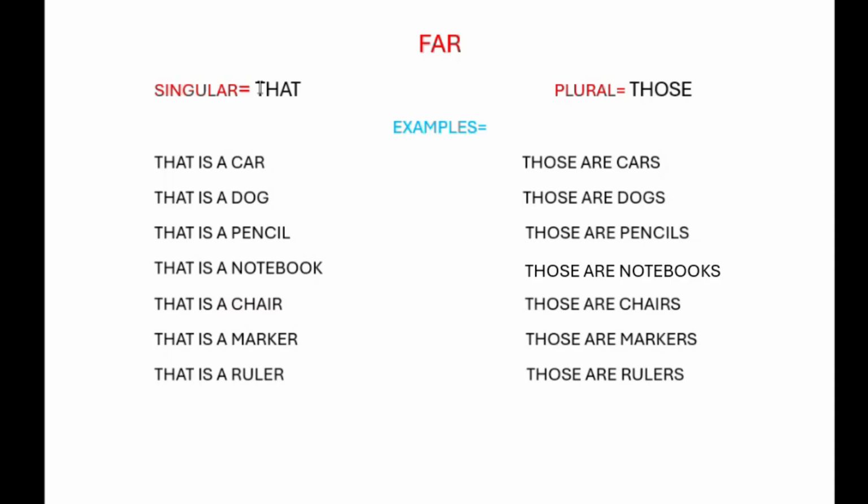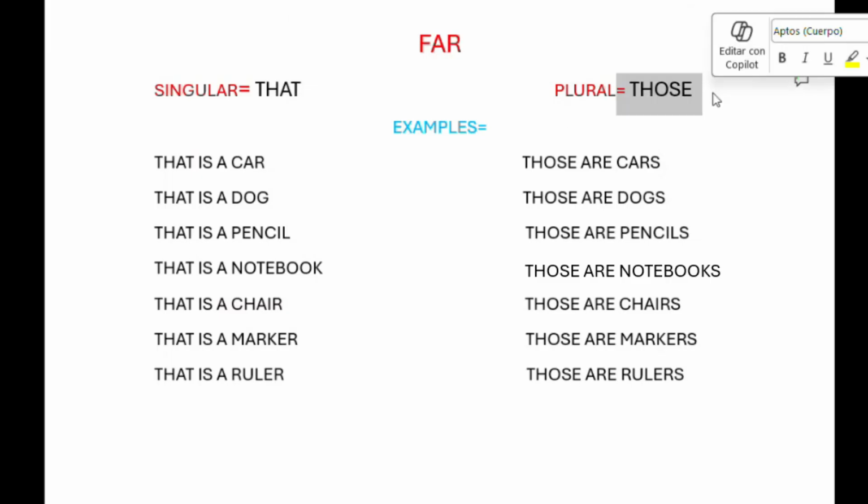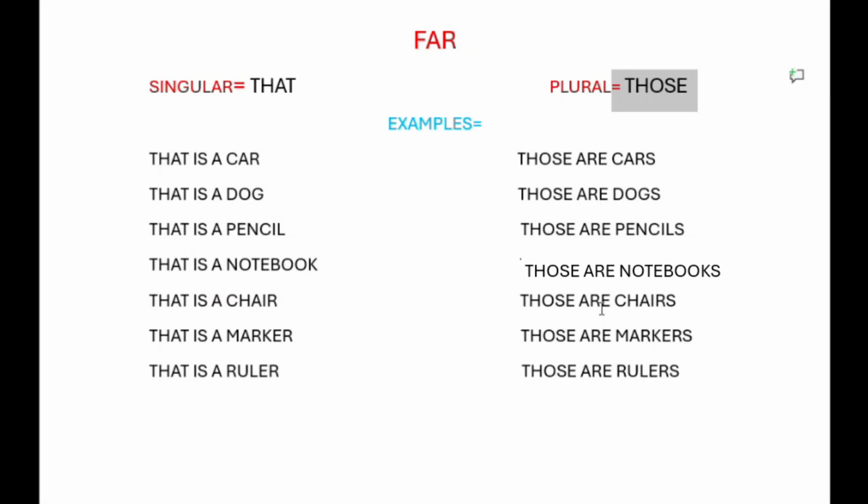You can say in a singular form, that is a whiteboard. In a plural form, those are whiteboards. Nice, amazing. And so we have different ways to use the demonstrative pronouns.